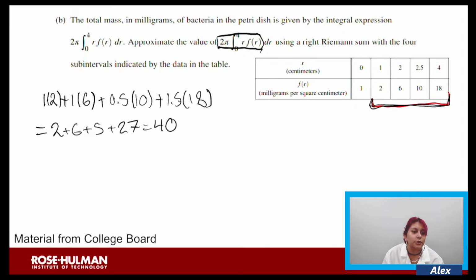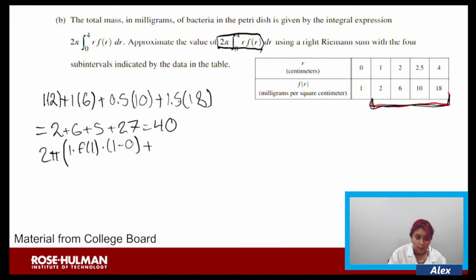So looking at the solution for this problem, it says that you have to do 2 pi times the whole thing, which is the step that I forgot to do. 1 times f of 1 times 1 minus 0, so the difference between our x values, plus 2 times f of 2.